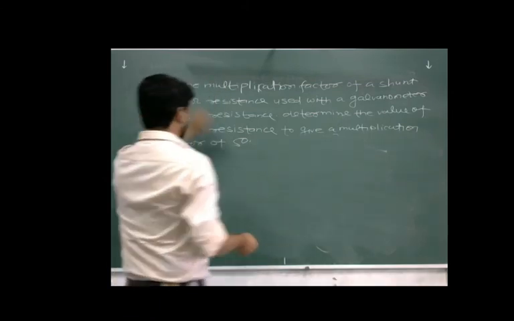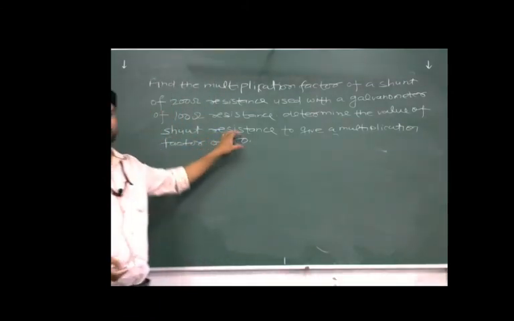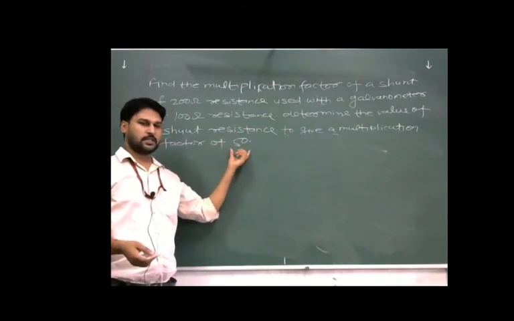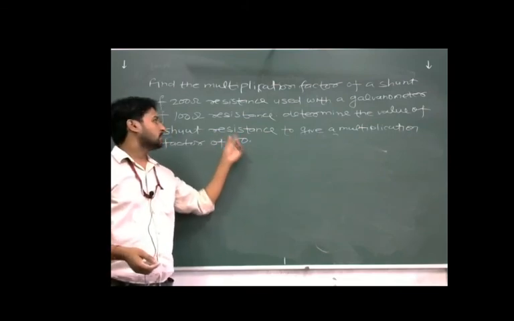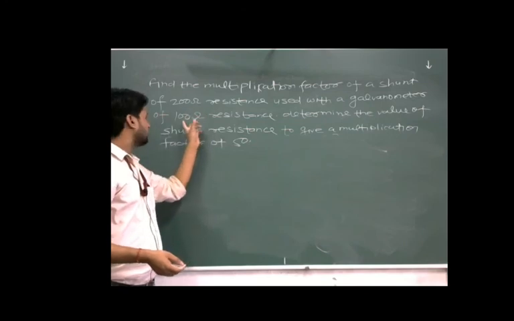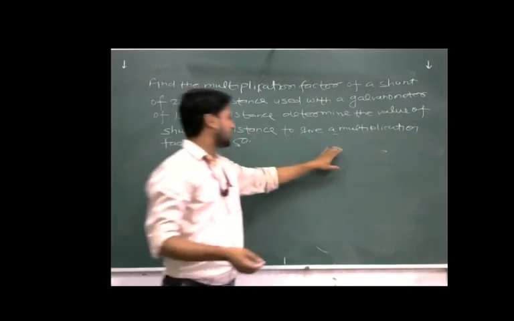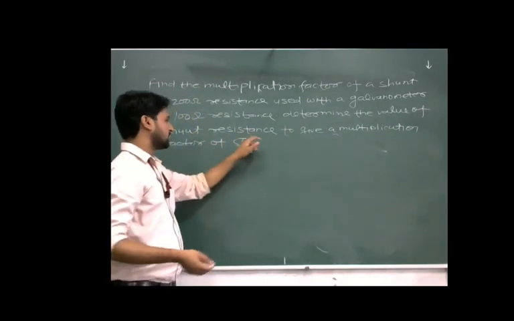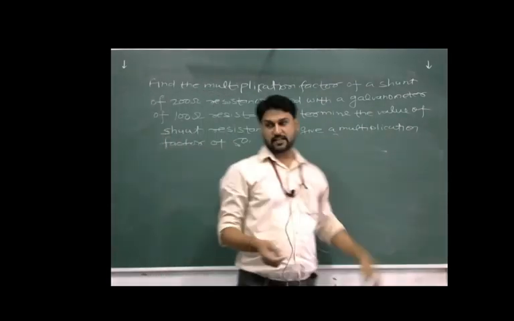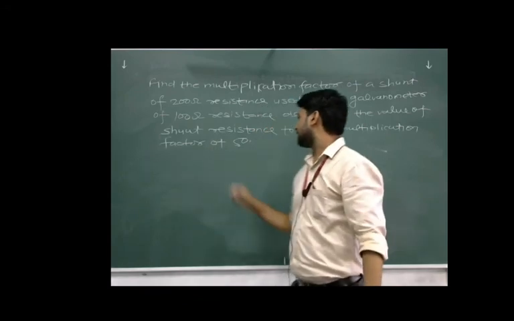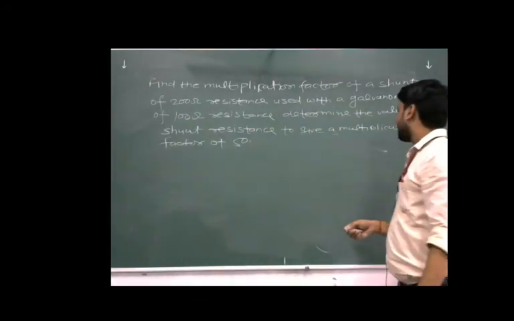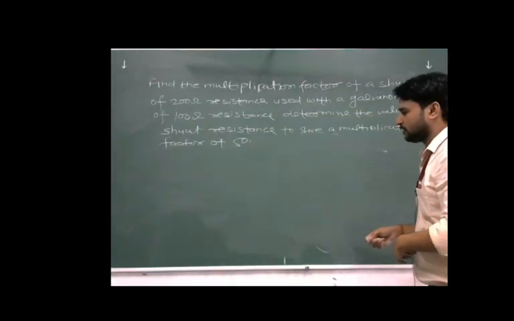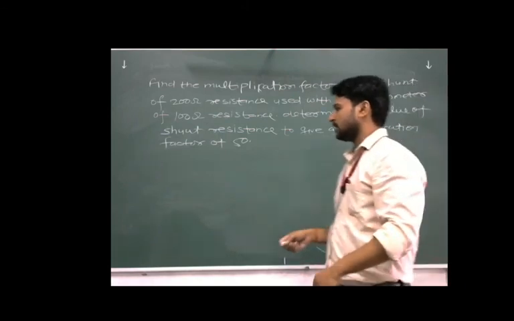In the second part, the value of the multiplication factor is known to me, it is 50. I have to calculate the value of the shunt resistance. It is given to determine the value of the shunt resistance to give a multiplication factor of 50. So to get a multiplication factor of 50, what will be the value of the resistance?